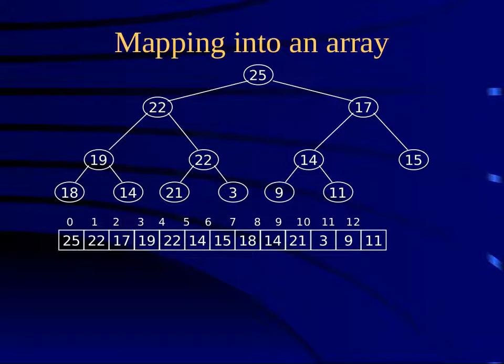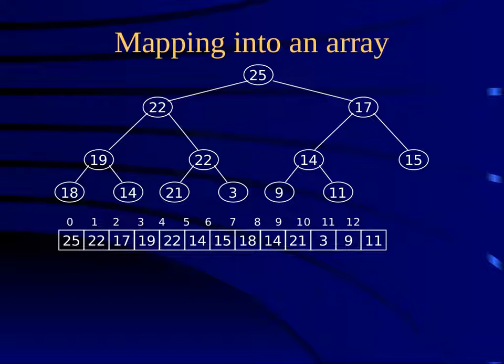Here we go. Here's the array representation. Wow, these numbers are slightly off. Notice the root is at 0. The final node on the right at the bottom is 11. Notice that 25's two children, 22 and 17, come right afterwards. But 22's children are the next two, and then 17's children, the 14 and 25.